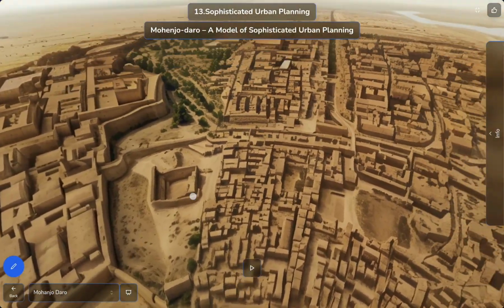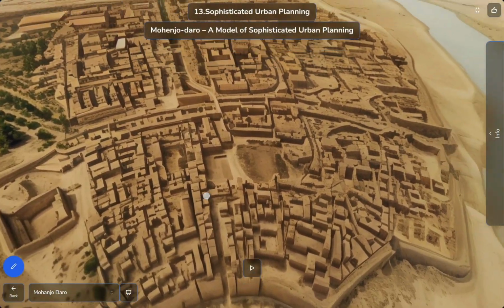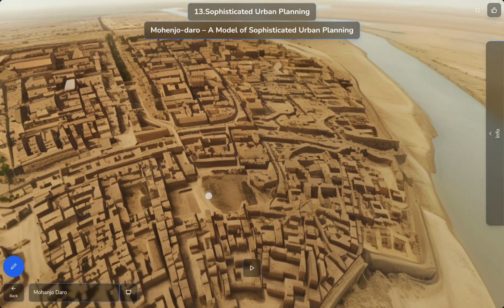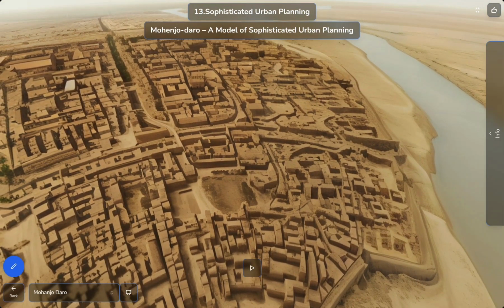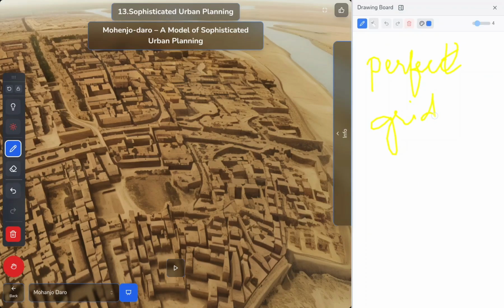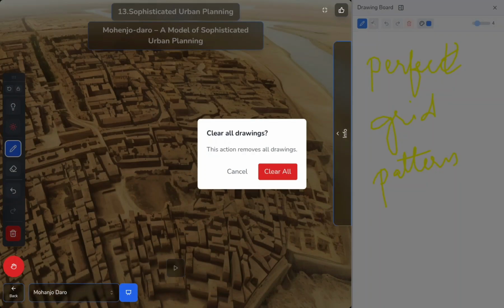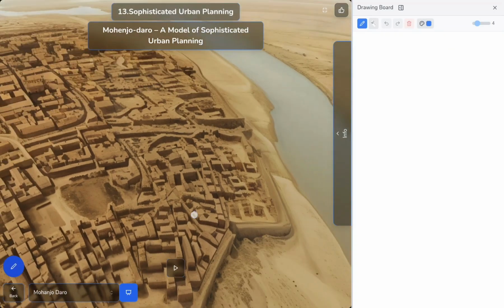Just look at this map, children. When we look at this map, we can see something extraordinary. The entire city was built in a perfect grid pattern. Yes, I really want you to check this.